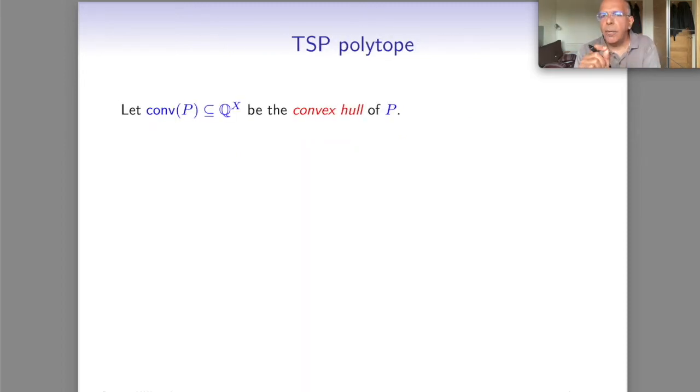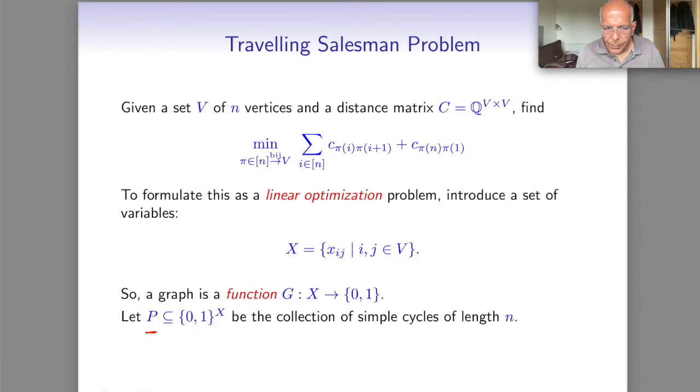Now I'm going to consider the convex hull of this. Let me go back a bit. I said this was a collection of 0-1 vectors indexed by X, but I can think of each vector as a point in Euclidean space.